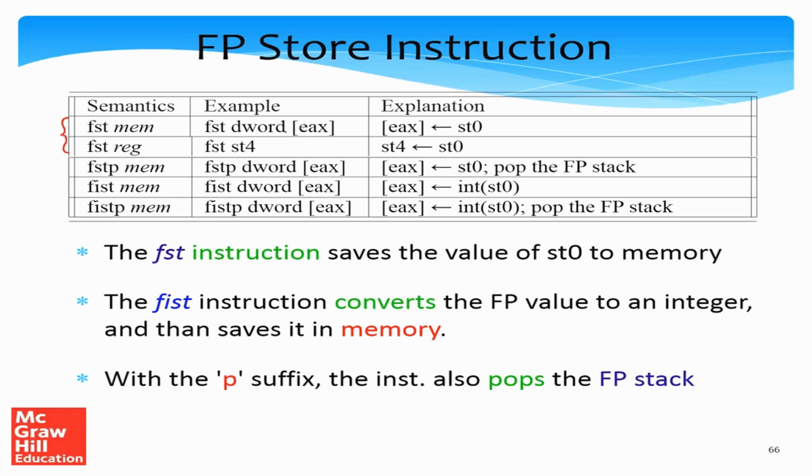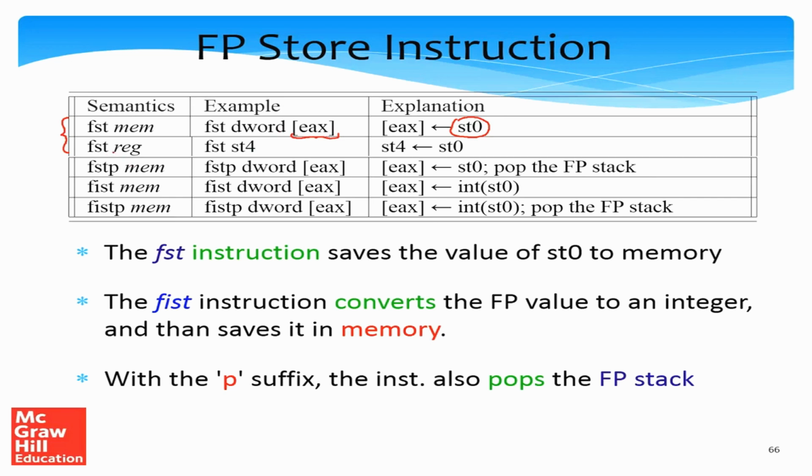The FST mem instruction takes a memory operand as its argument, and so it can save it in multiple formats, but let's only stick to the 32-bit format right now, DWORD. Since we are not specifying which floating point register, ST0 is assumed to be king, the stack top. So it takes the contents of the stack top and saves it at the memory address specified in EAX.